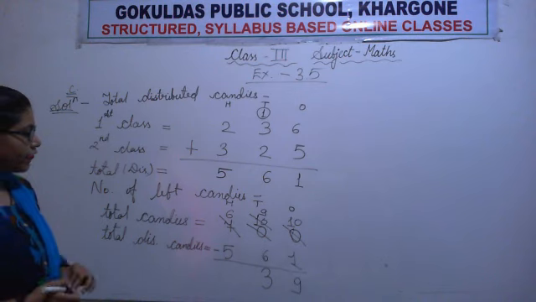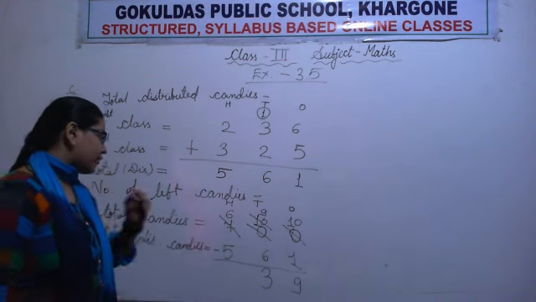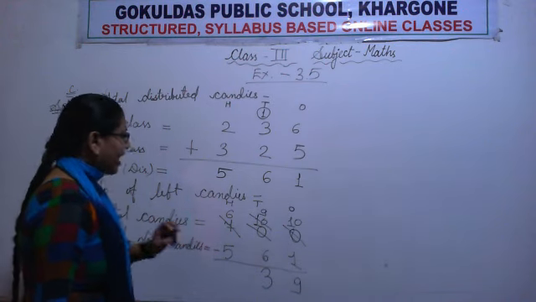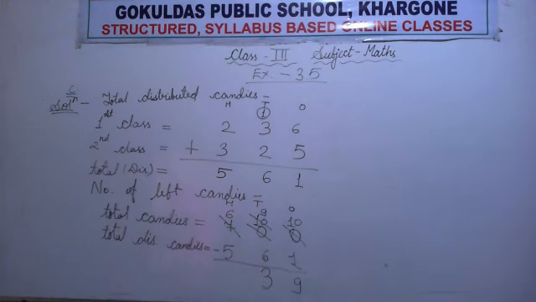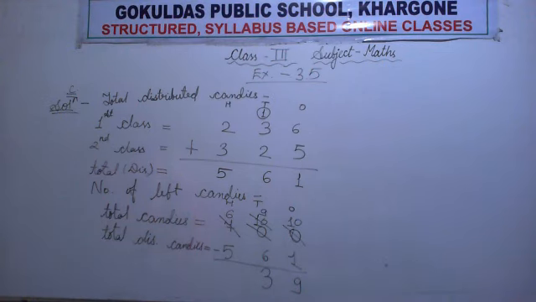Okay. Now moving towards last column. 6 minus 5. Count 6 fingers.